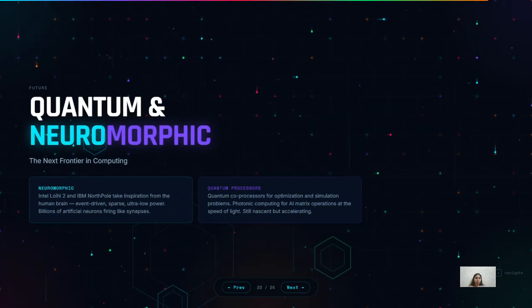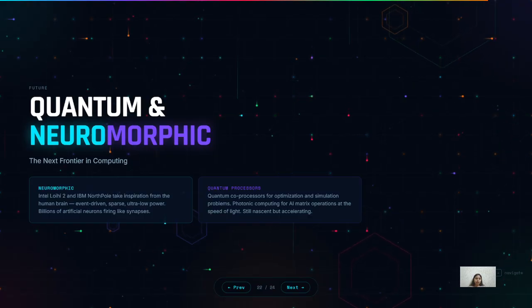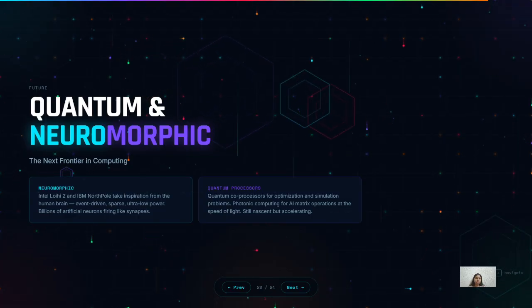So, which processor is best, and how do quantum and neuromorphic computing, the frontier of computing, work? Neuromorphic chips like Intel Loihi 2 and IBM NorthPole take inspiration from the human brain: event-driven, sparse, ultra-low power, with billions of artificial neurons firing like synapses.